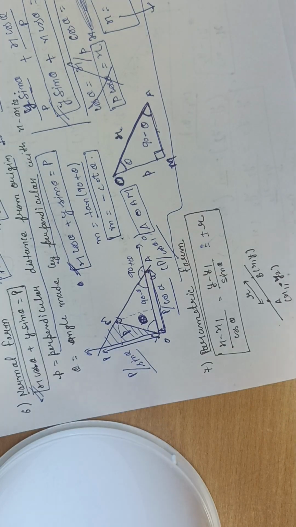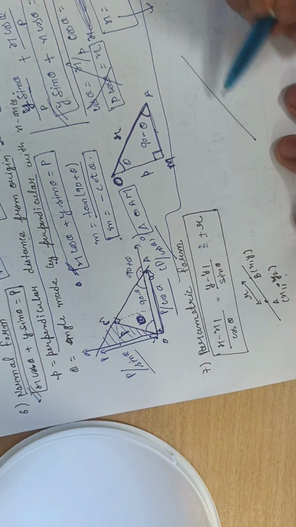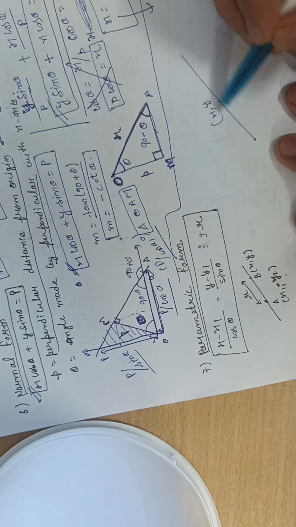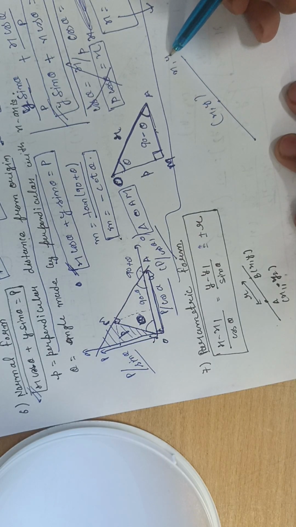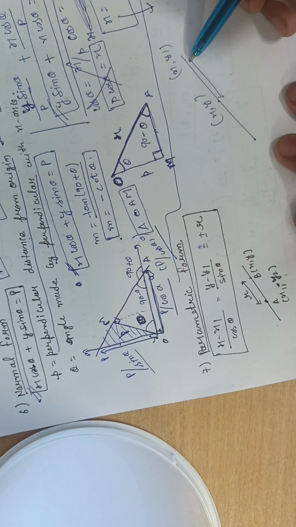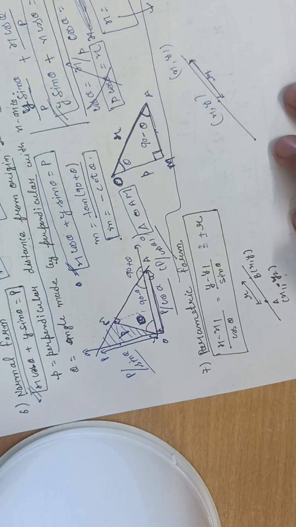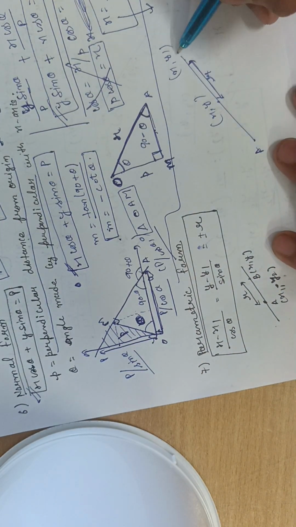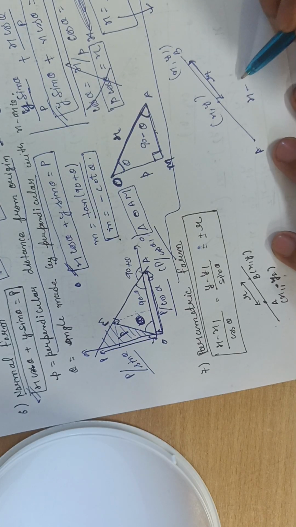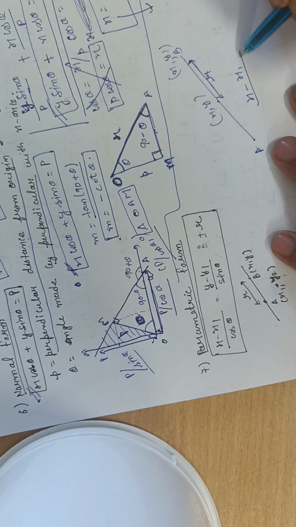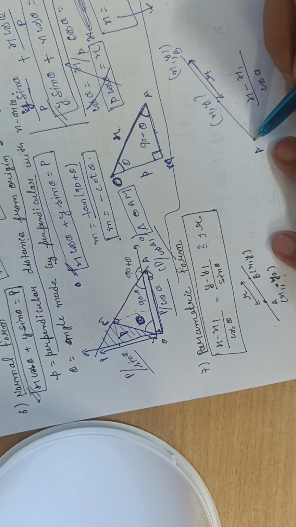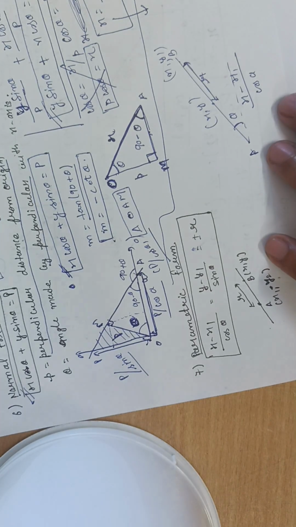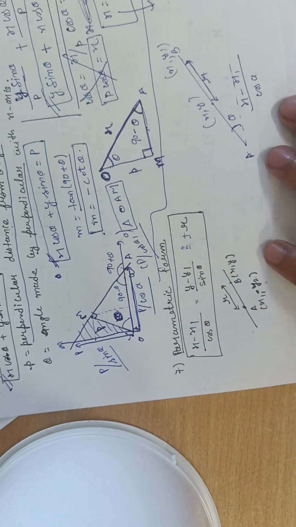Now another equation is the parametric equation. Suppose there is some point x1 comma y1, located at a distance of r. If you have to determine the equation of this line, you just simply write it like this, and theta is the angle made by the line.